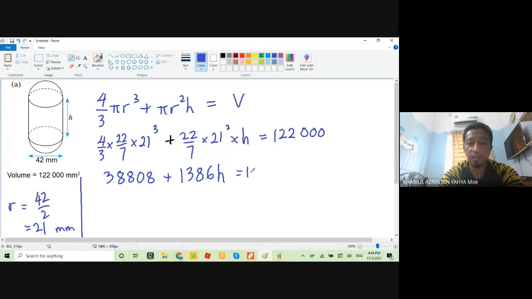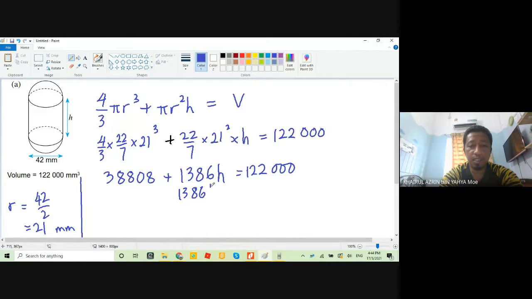And this is equal to 122,000. So now we want to find the height. Okay, what do we do? 1386h equal to 122,000 minus 38808.